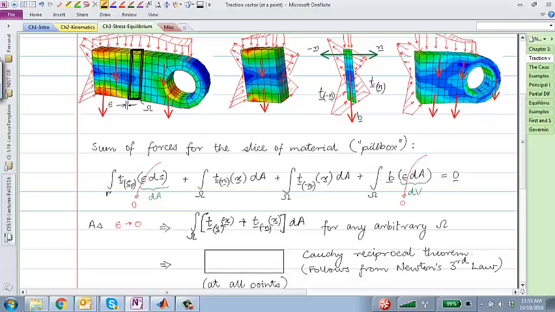That's all that this gives me. And that should be a 0 vector because we are doing sum of forces, which are vectors.